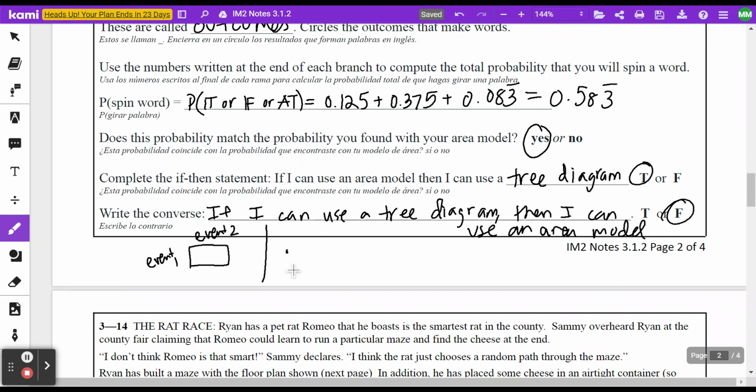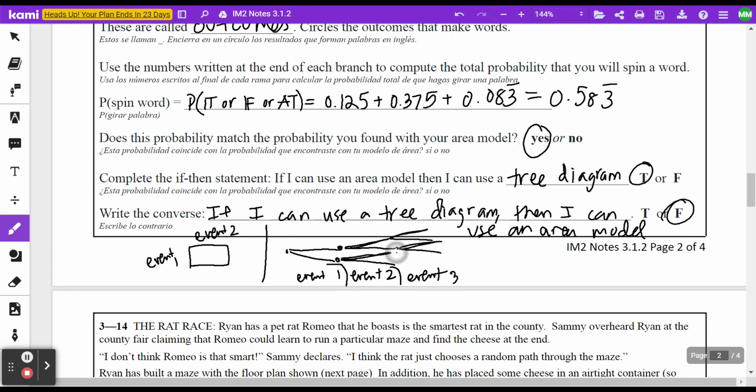With a tree diagram, you are not limited by just 2 dimensions. So you can do more events. You can do event 1, and then the next set of branches could be another event, event 2, and then you can do more branches, event 3.